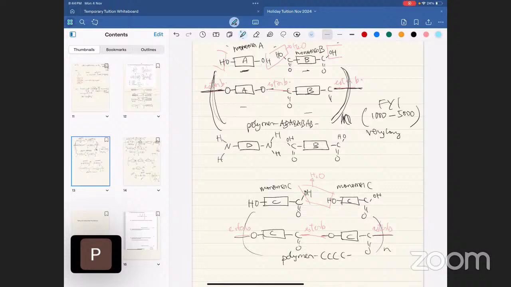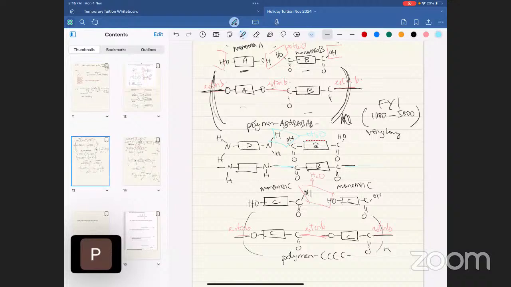What do you do? Cut, block, H2O, eject. You have now a dangling D with a dangling H and dangling H. You have your B, which also dangles, CO dangling CO. What do you do?